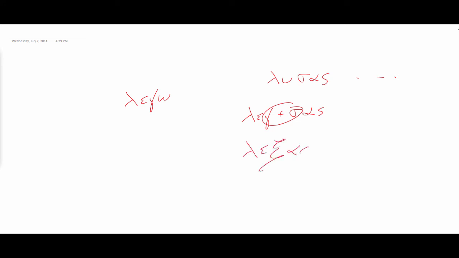So, for example, let's imagine that we have the verb lego, and you want the aorist participle of lego. Well, you could say, oh, I know that. The aorist is lusa, so it would be leg plus sas, and so I know that probably combined, the aorist participle is lexas. And you say, what did I do wrong? And so I say, well, let's go back. What is the aorist of lego? And you say, oh yeah, the aorist of lego is the second aorist, eipon.